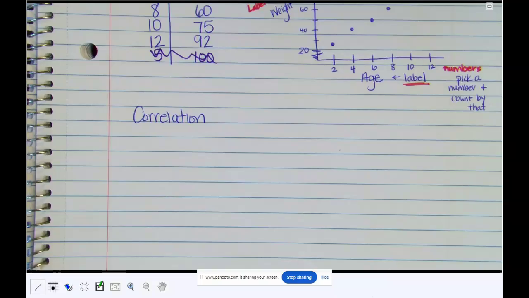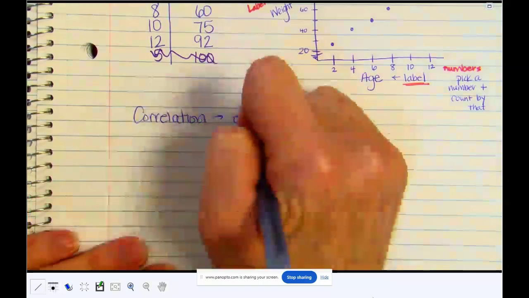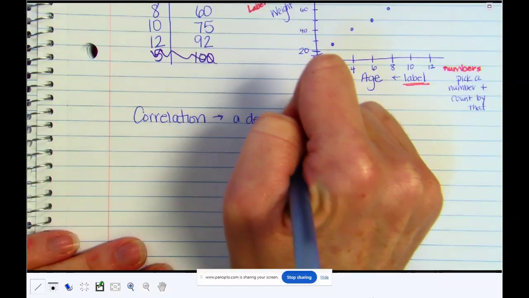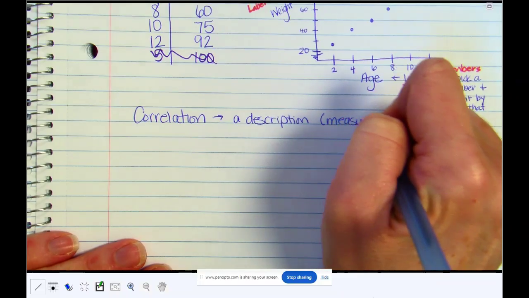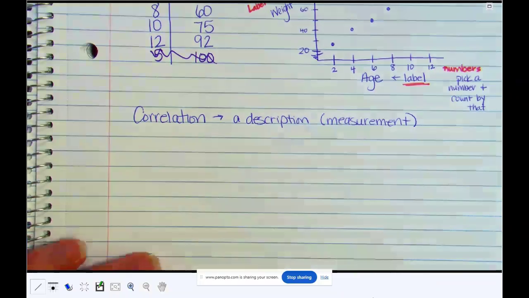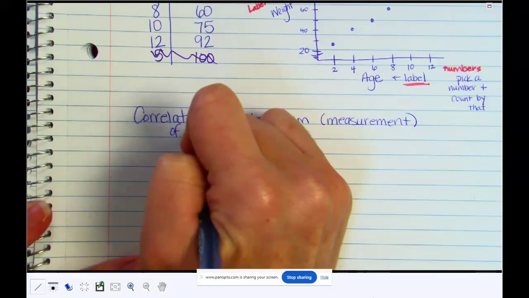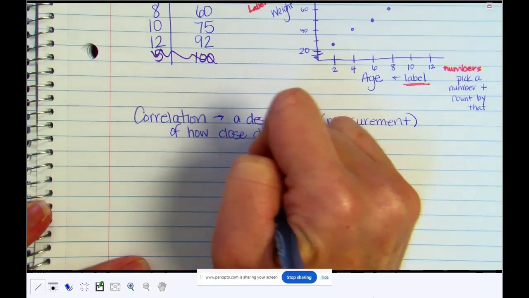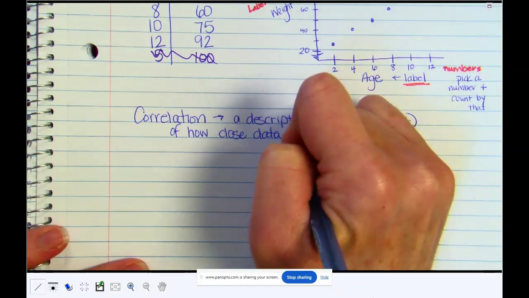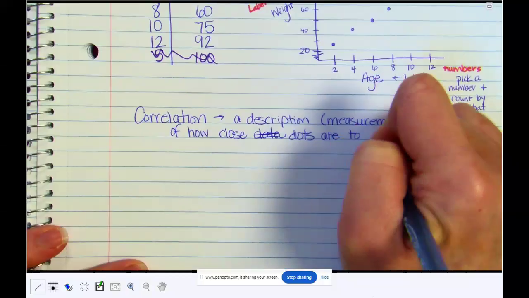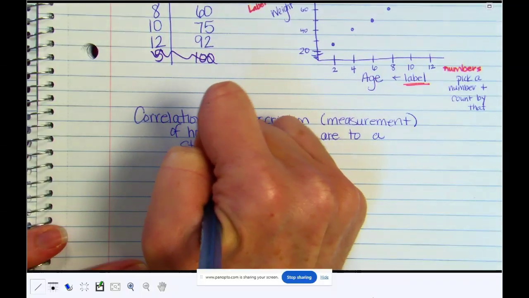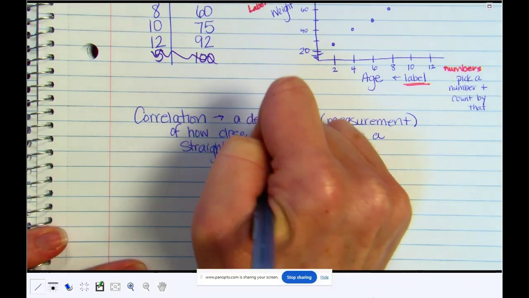Correlation is a very mathy term, and what it means is a description or measurement. Correlation is a description.